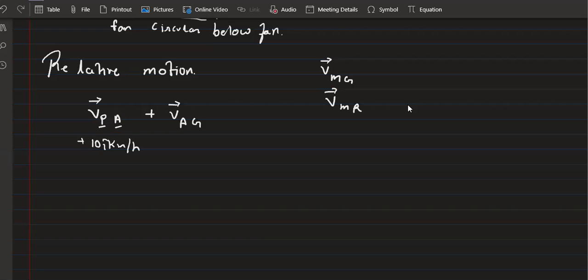Velocity of Avaar with respect to ground is 5 kilometer per hour, also along the i-axis, plus only. Everyone, now just think about this logically. What will be the velocity of Prahlad with respect to Avaar?